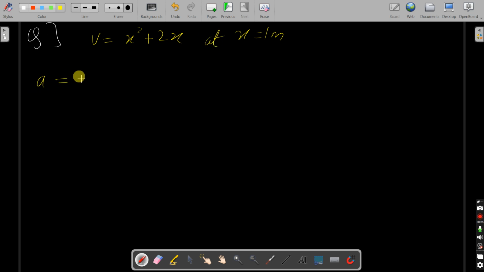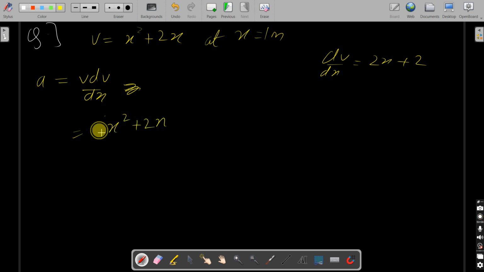So acceleration will be v dv upon dx. We know this does not vary with time but does with position. So first let's calculate dv upon dx, which will be 2x plus 2. This will become x square plus 2x multiplied by dv upon dx, which is 2x plus 2.